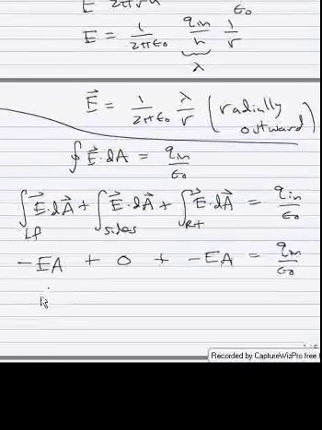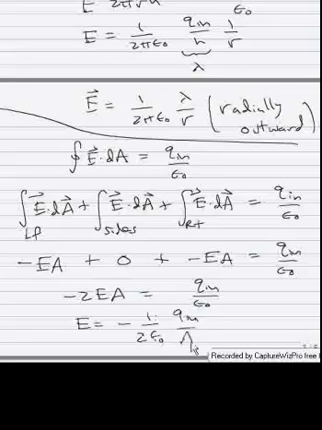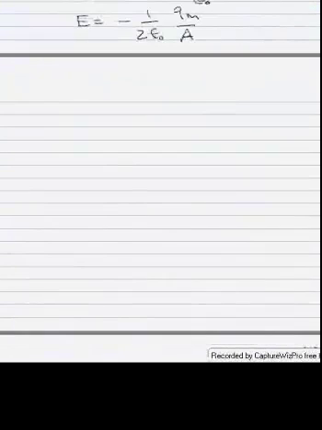And so I get my electric field is equal to minus 1 over 2 epsilon naught, Q in over the area. And Q in over the area is my surface charge.